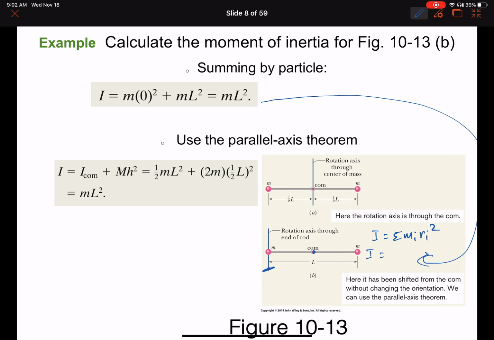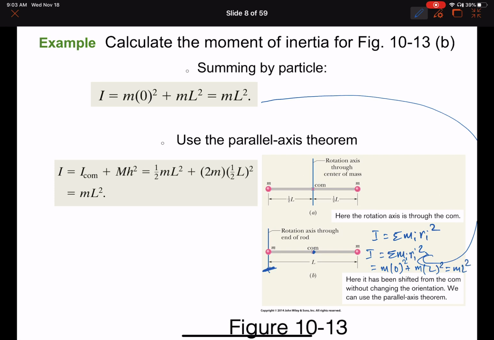So it will be the summation of m_i r_i squared. The first mass M has r equal to 0 because it is located at the pivot point itself. So 0 squared, plus M times L squared, gives you ML squared.